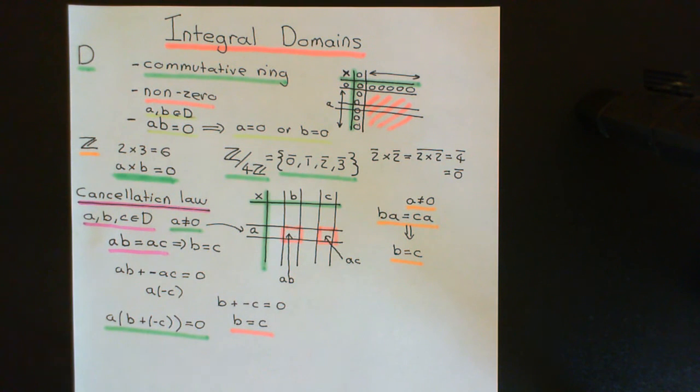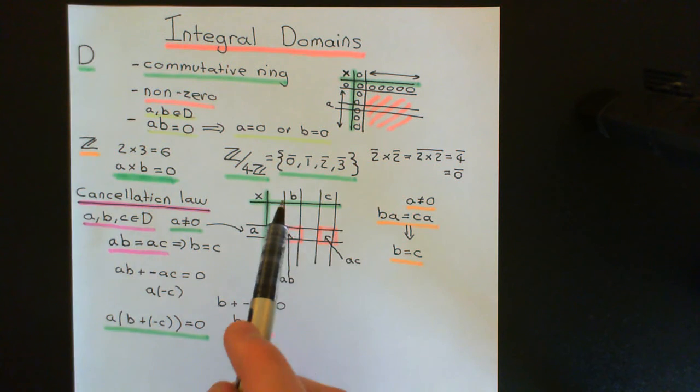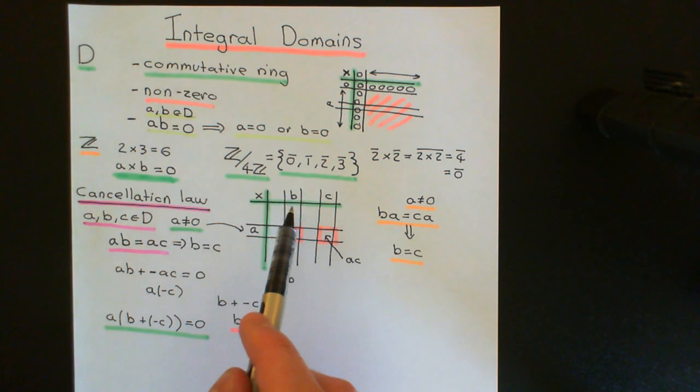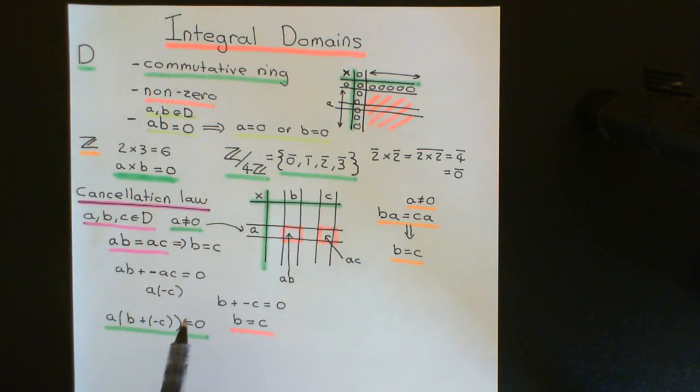But if we're working with an infinite domain, such as the integers, then it doesn't need to be the case that each of these rows contains every element of the domain. It just has to be the case that no element of the domain appears more than once, and that's exactly proven here. I cannot have an element appearing more than once, otherwise you can prove that B and C are equal to one another, and therefore this picture's rubbish, basically.